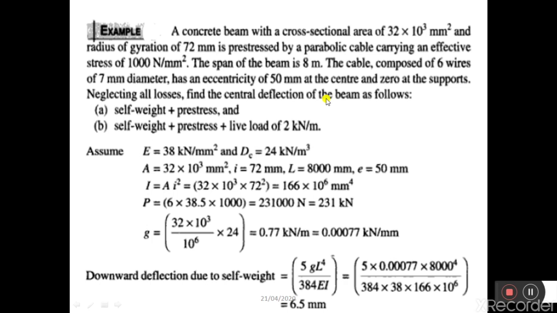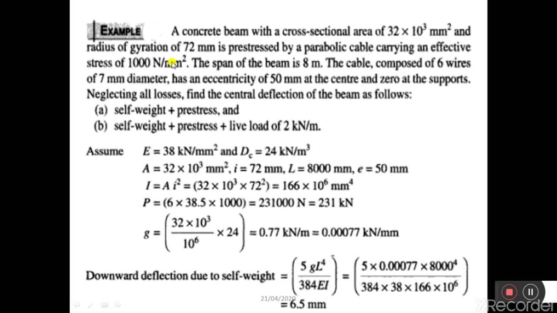So we need self weight, we need modulus of rigidity, we need moment of inertia, and we need the eccentricity. So first let us consider Young's modulus.